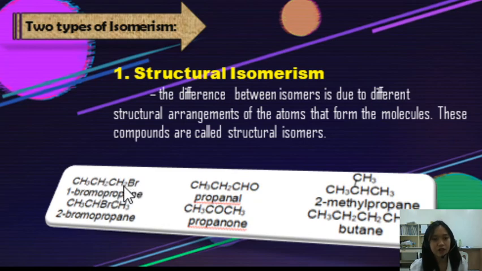So, dito sa ating first, 1 bromo, because nakakonect ang bromide sa first carbon atom. Kaya 1 bromopropane. On the second one, saan siya nakakonect? Okay, so your bromide is connected sa second carbon atom.